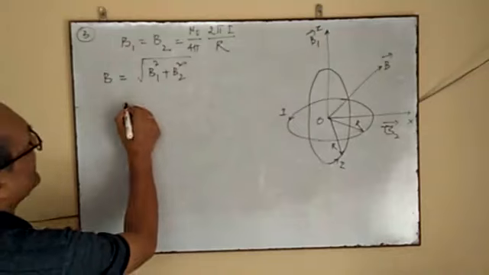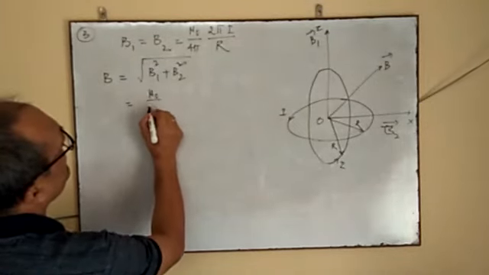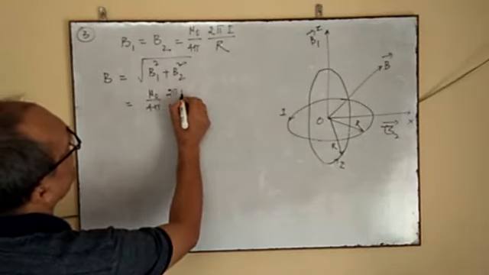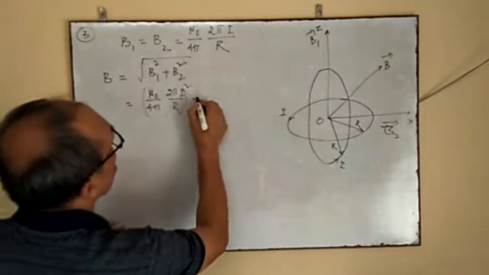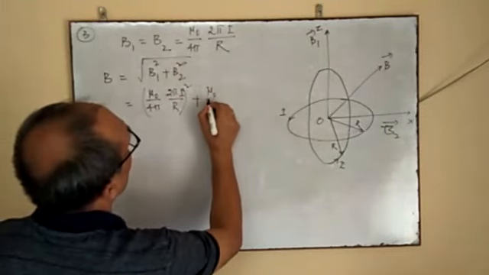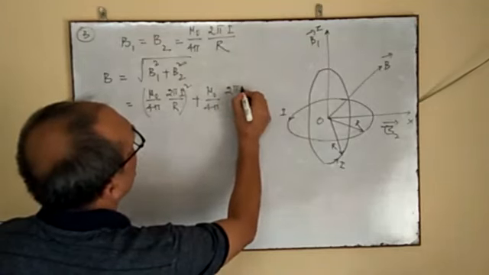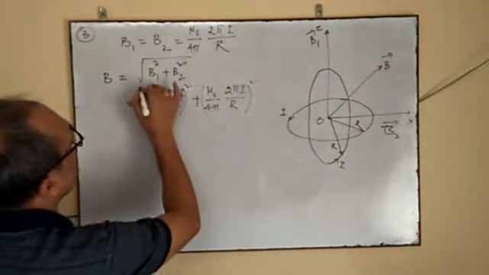Then magnitude here will be the square root of (mu naught by 4 pi 2 pi I by r) whole square, plus (mu naught by 4 pi 2 pi I by r) whole square.